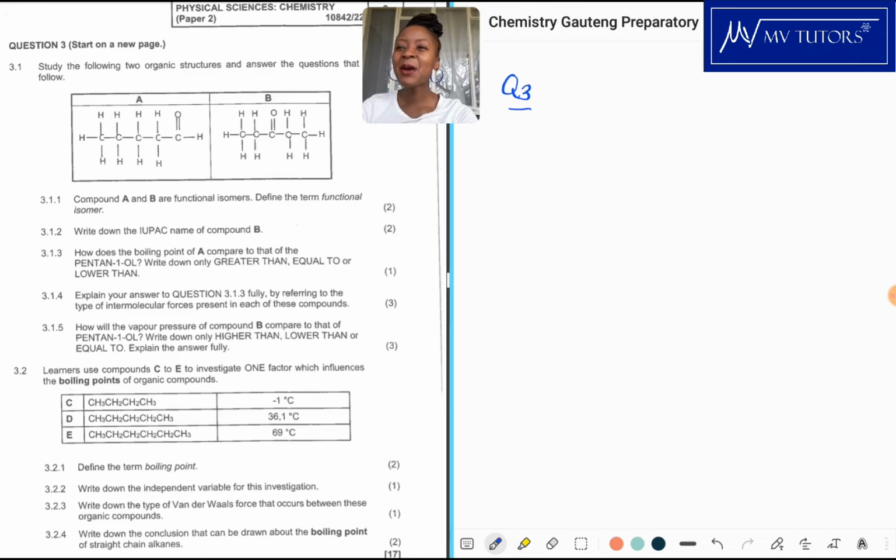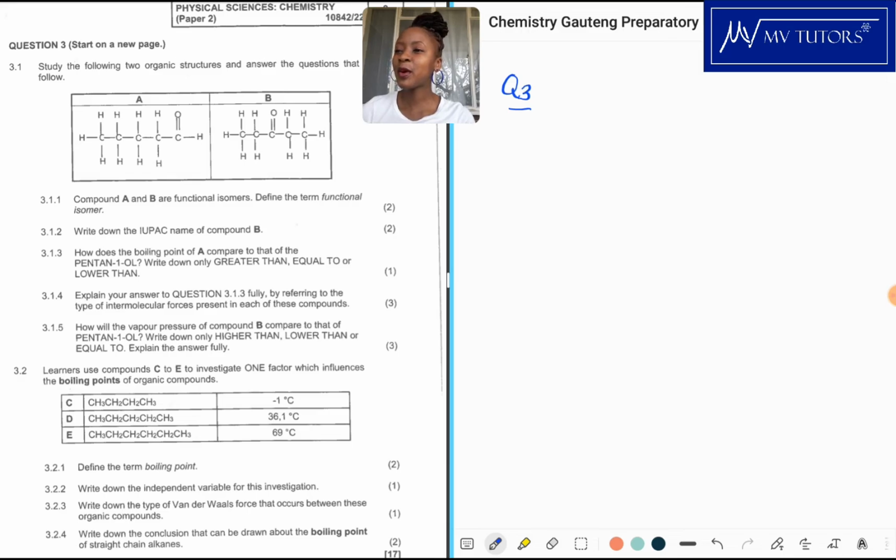And for B, we have a ketone. If your double bond to oxygen is somewhere in between and not on the end carbons, then you have a ketone. So it will be 5 carbon atoms, so pentanone, but it's on the third carbon, so pentan-3-one.